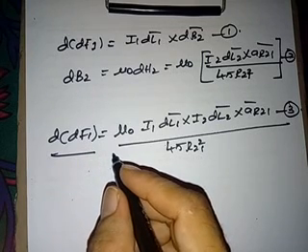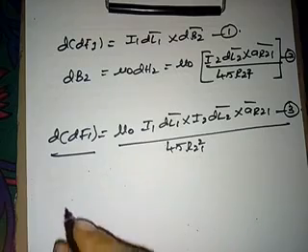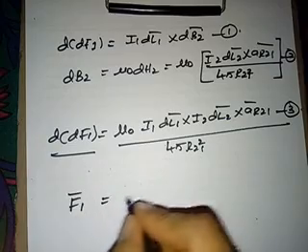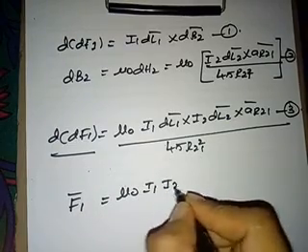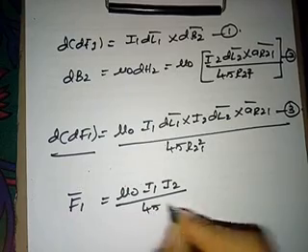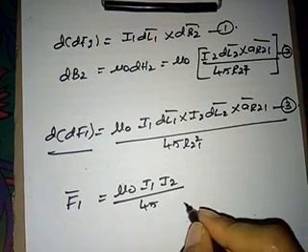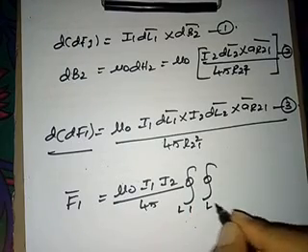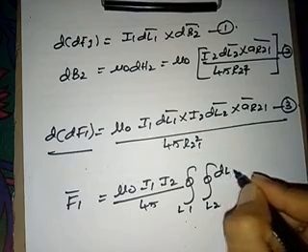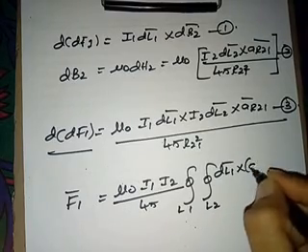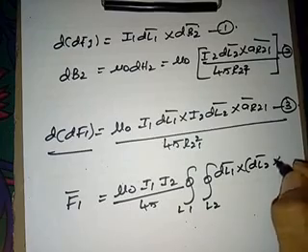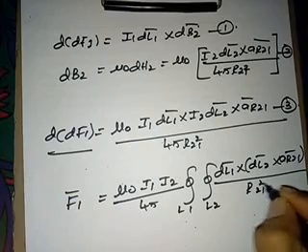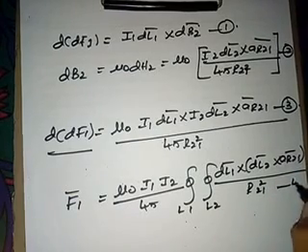So to get the force F1 on current element 1 due to current element 2, if we integrate the above equation 2 times, then F1 is equal to mu naught I1 I2, these are the constants, take them outside, divided by 4 pi into double integral, closed line integral with respect to L2 and L1, dL1 bar cross of dL2 bar cross aR21 bar, divided by R21 square. Take this as equation 4.